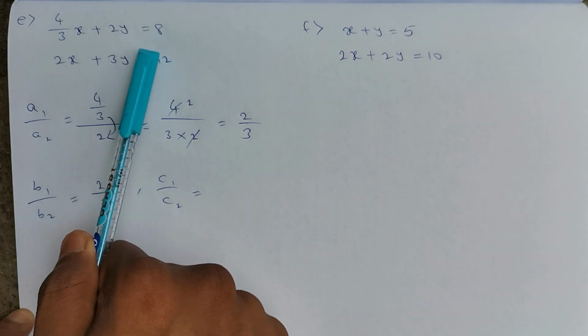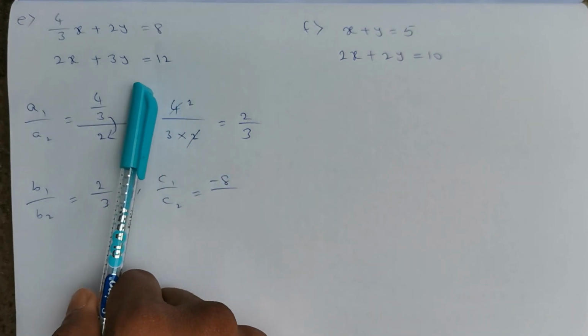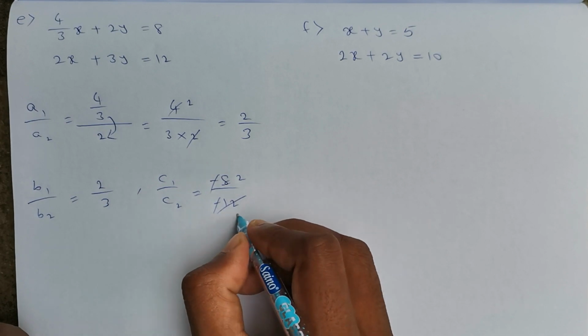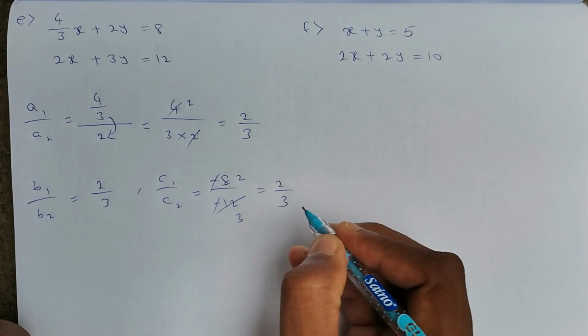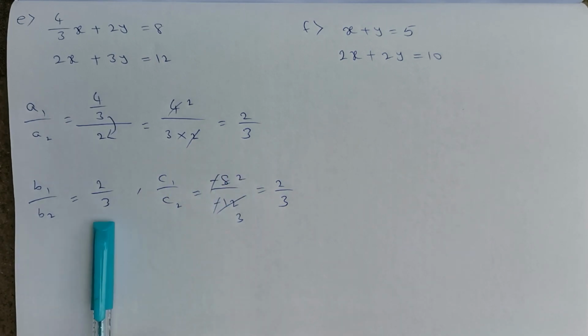If this plus 8 I take to the left side it means minus 8, divided by here plus 12. If I take it to the left side it will become minus 12. Minus minus cancel. 4 2s are 8, 4 3s are 12. So c1 by c2 value is 2 by 3. a1 by a2 is 2 by 3, b1 by b2 is 2 by 3, c1 by c2 is also 2 by 3.